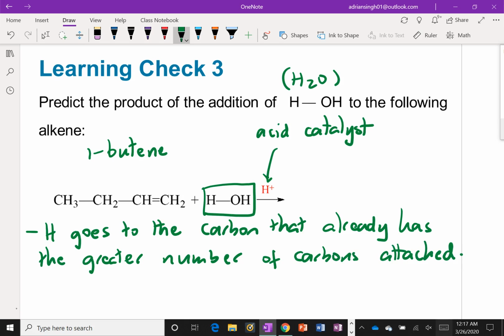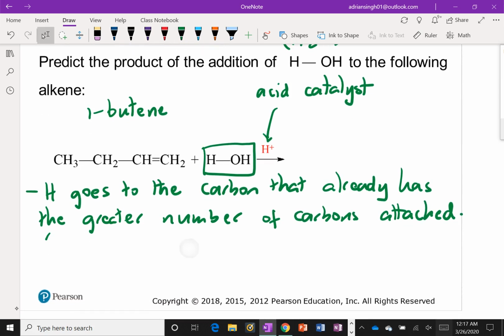This is a rule named after a person. It's called Markovnikov's Rule.